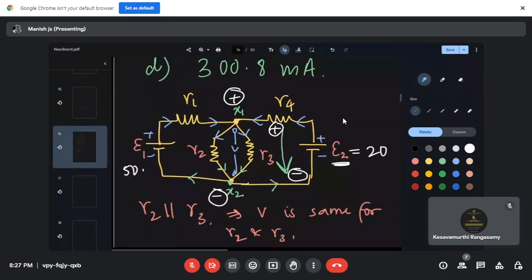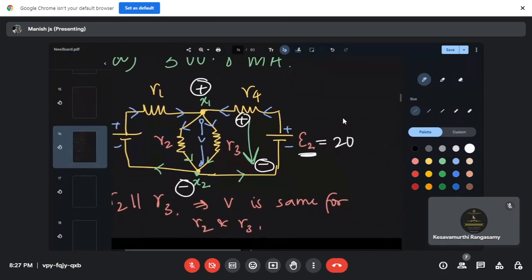E1 is 50 volts. Now there are two ways, two sides to this. First, if you're starting from E2, E2 is plus 20. Now across R4 and across R3, for R4, if I'm going to write the equation, how can I write? One by one, for each resistor, we are going to write.